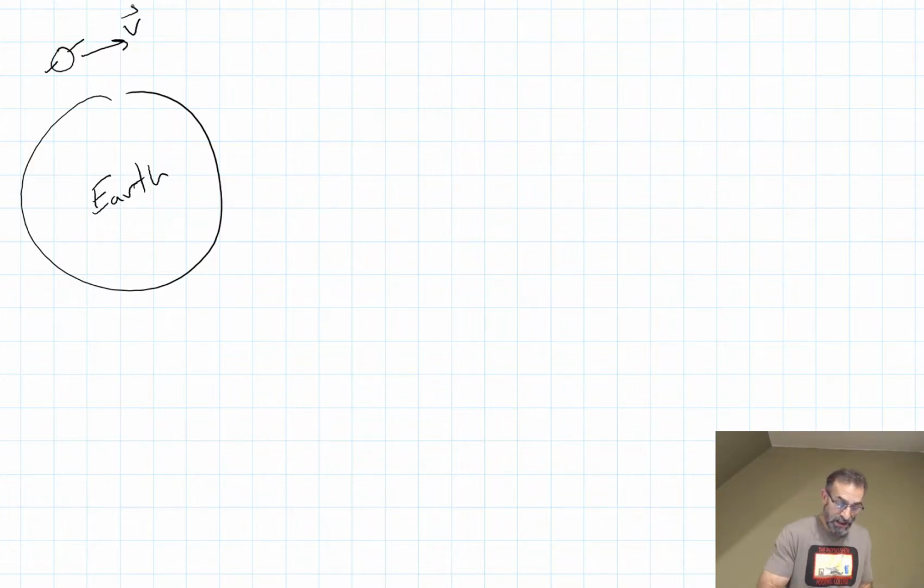Gravity pulls on it, and the next thing we know, our satellite is actually over here, moving this way. And gravity pulls on it, and the next thing we know, it's over here, moving this way. And gravity pulls on it, and so the only force acting on our satellite is the force of gravity.